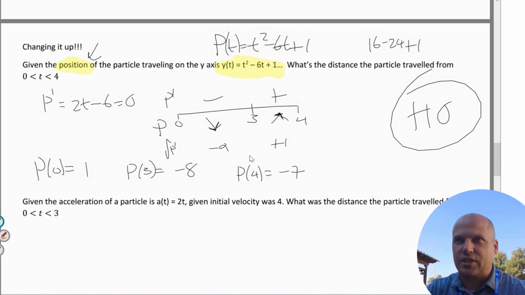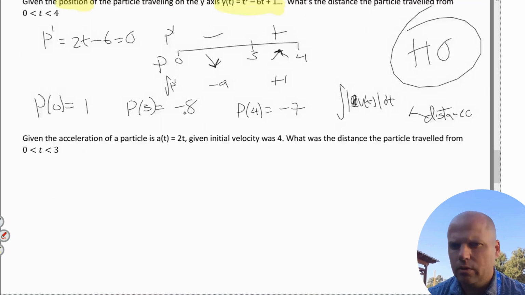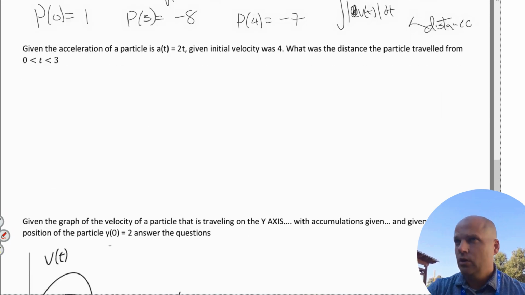We want positives to stay positives. We want negatives to turn into positives. You could always, with a calculator, accumulate the absolute value, and that will give you a distance. You can check all of your answers from earlier using your calculator and double checking. It's always good to double check.